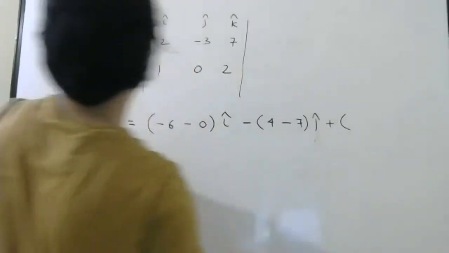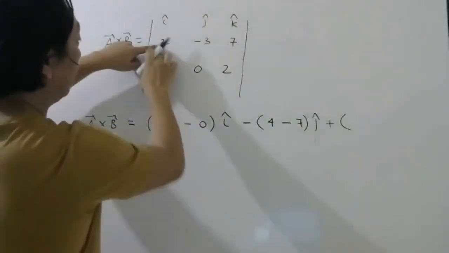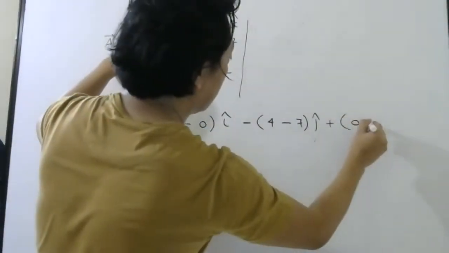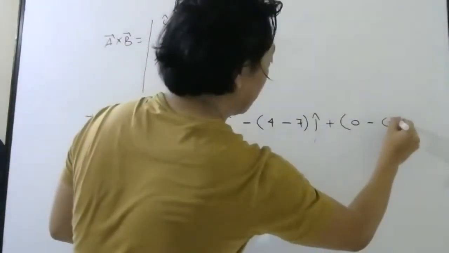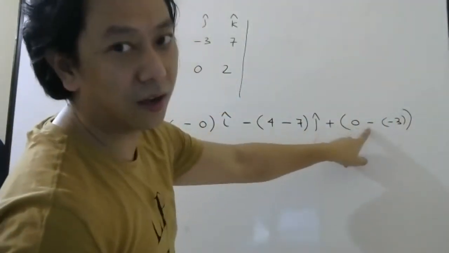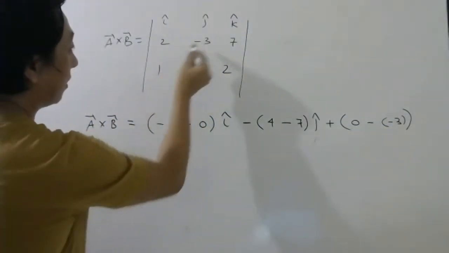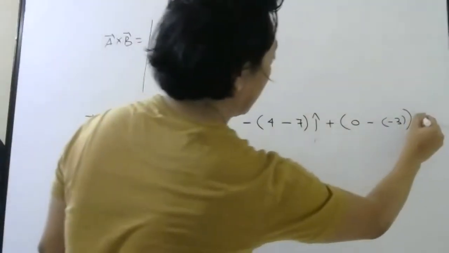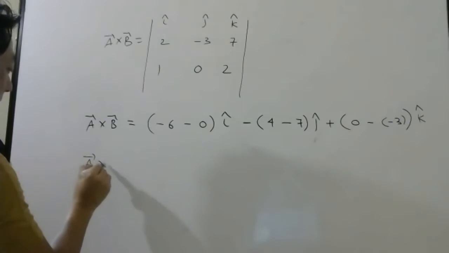Plus k component, this will go 2 into 0, 0, minus 1 into minus 3, minus 3. Be careful, students. This minus is from the formula. This minus is because when you multiply minus 3 and 1, you will get minus 3. So what is the final result?